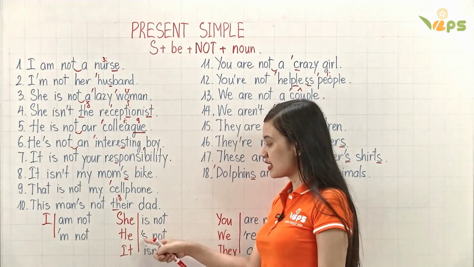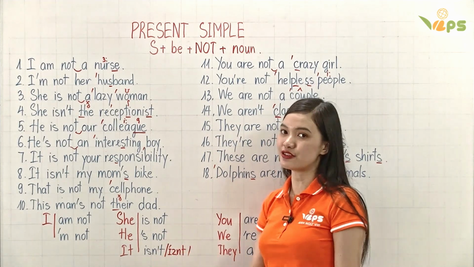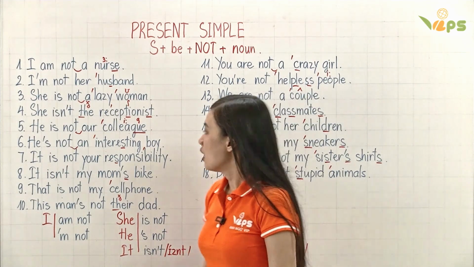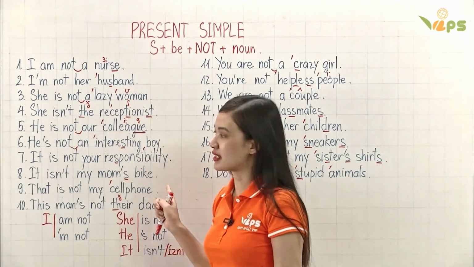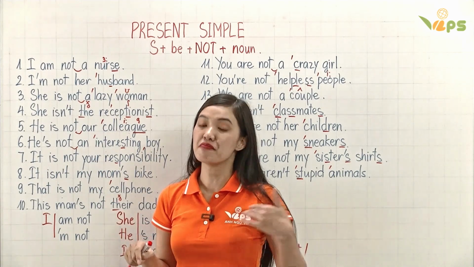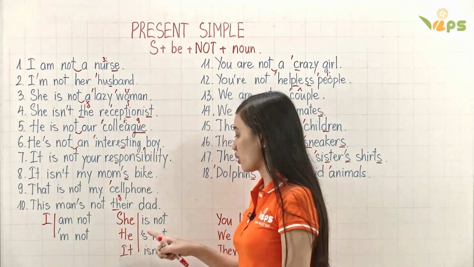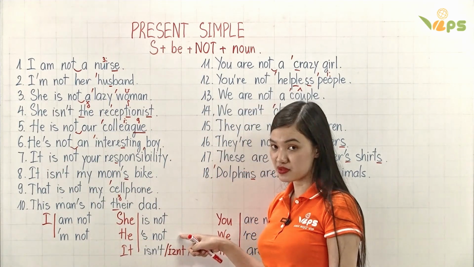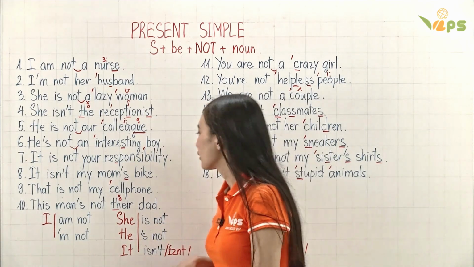Or I can say, it's not your responsibility, or it isn't your responsibility. Number 8, it isn't my mom's bike. My mom's bike, that means the bike of my mom. It isn't my mom's bike, or it's not my mom's bike, or it is not my mom's bike.